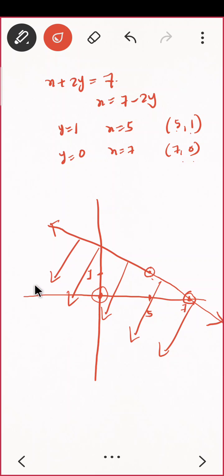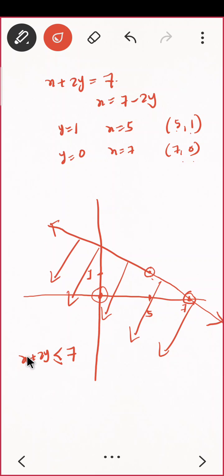Now I want to talk about this region. This is actually x plus 2y less than 7, or if I say less than or equal to, then I'll include the boundary also.